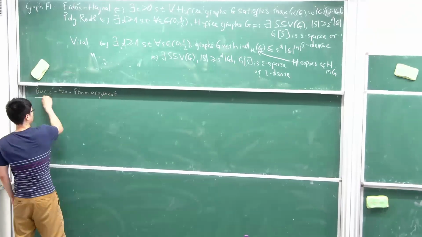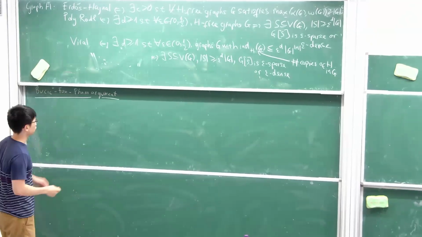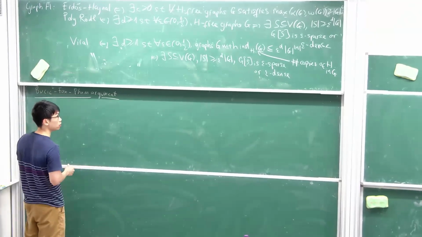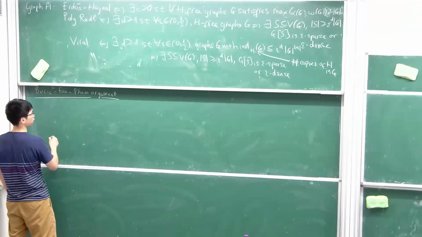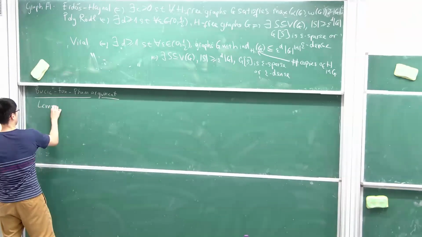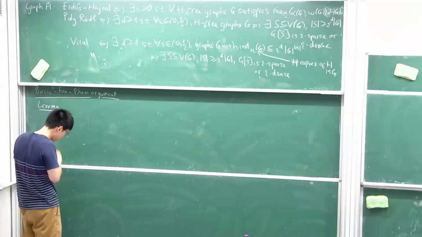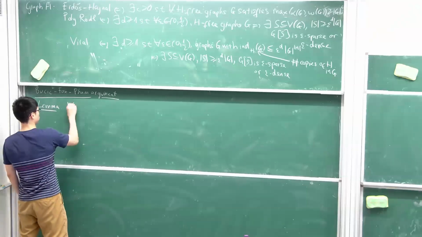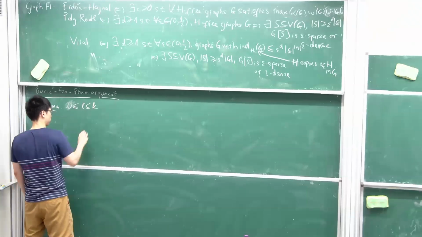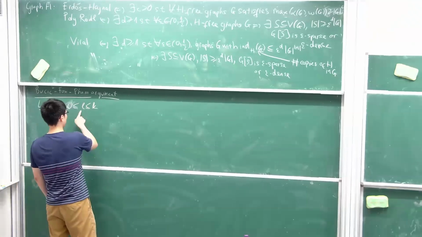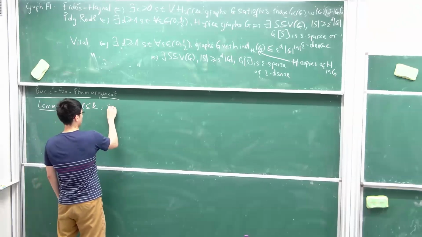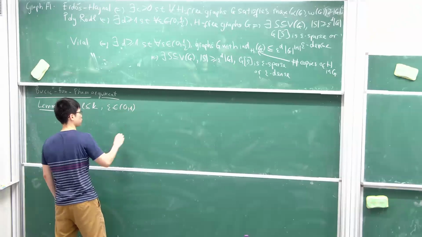This argument is a combination of the container method and the Alon-Pascal machine argument that we discussed before. Let me start with a very simplified version of the container lemma. The setup is we are given two integers L and K with L at most K, and both of them are non-negative, and epsilon is a number from 0 to 1.